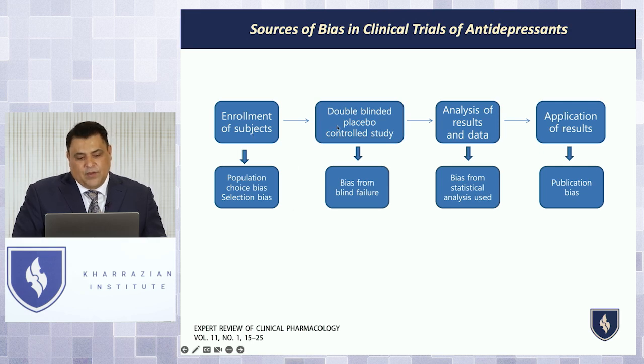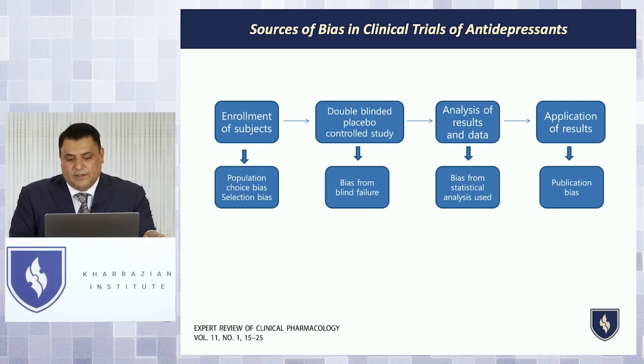And then we also have some biases where not all the studies are double-blind or placebo-controlled, or some are single-blinded, and these have a huge impact on outcomes. And then the statistical analysis that's used, and I'll go over some of that in a couple slides here, that are used to determine these outcomes are severely biased and flawed.